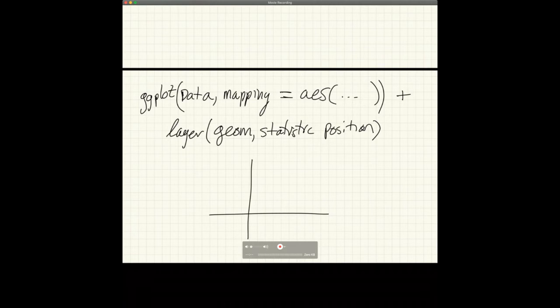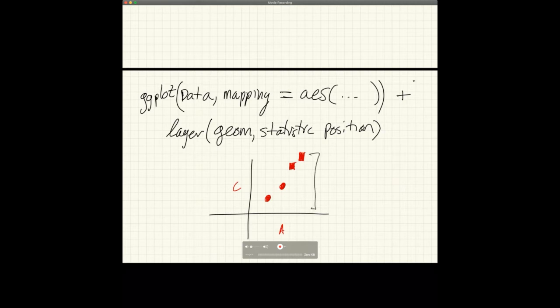In our example before, we had a couple of circles and a couple of boxes on a variable A and a variable C. So the geom, in this case, is a description of these elements.